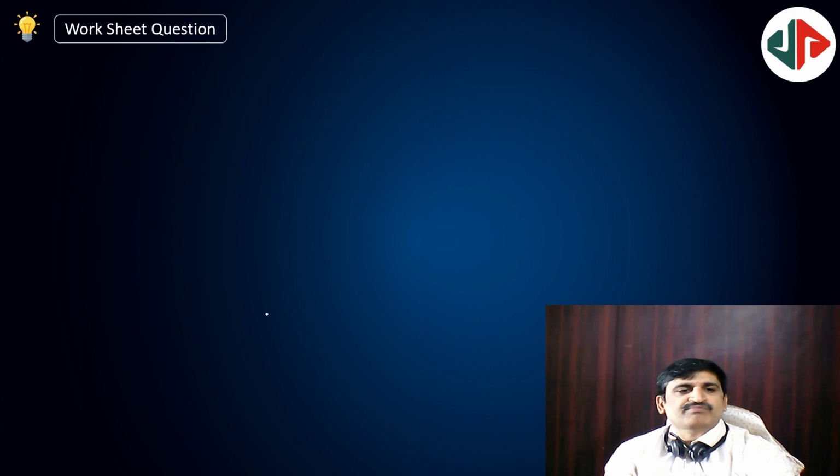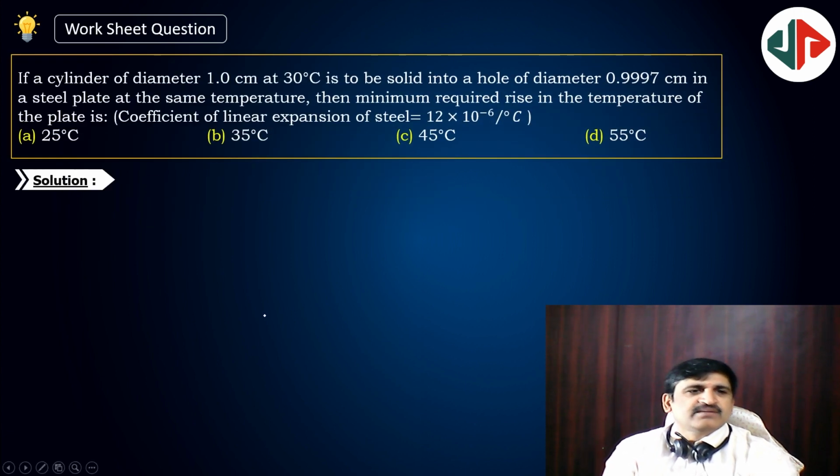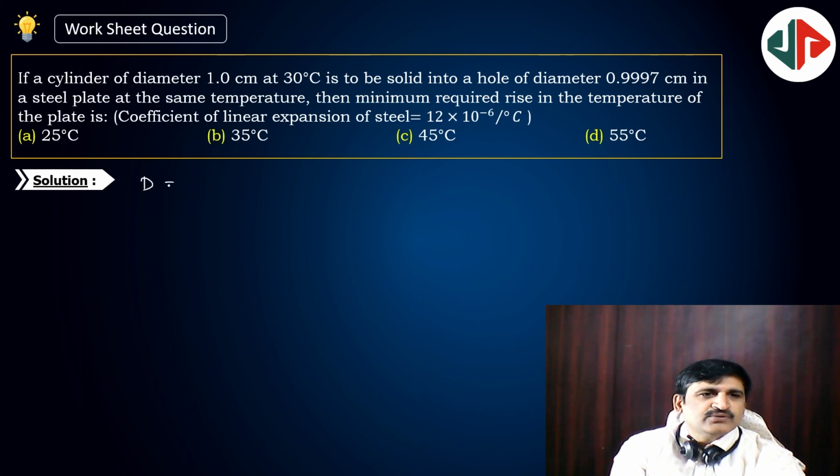Yes. Next. A cylinder of diameter D1 equal to 1 centimeter at temperature 30 degrees Celsius is to be slid into a hole of diameter D2 equal to 0.9997 in a steel plate at the same temperature.